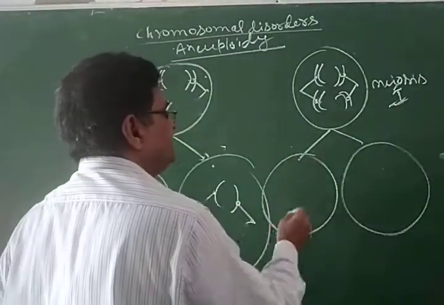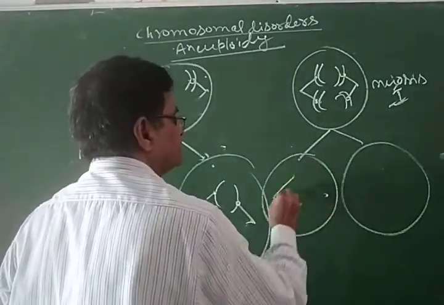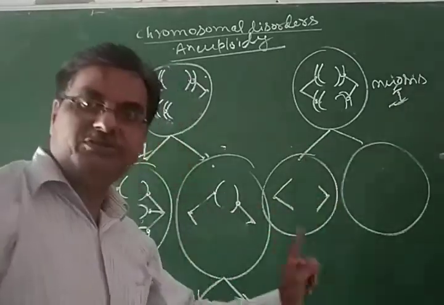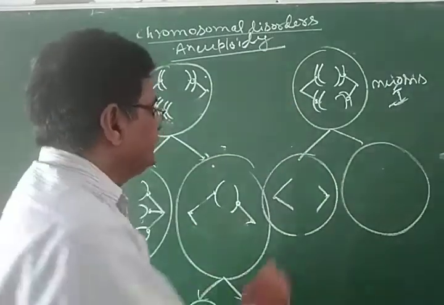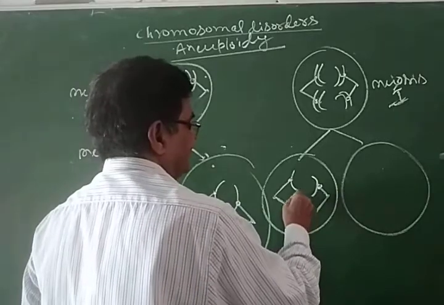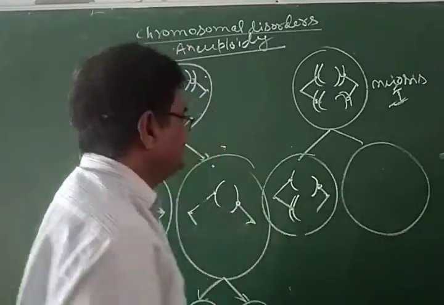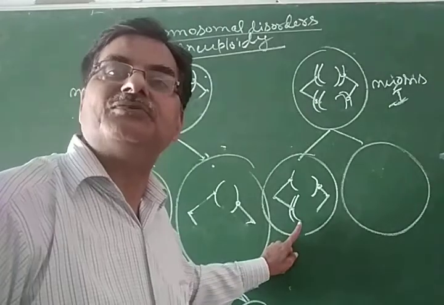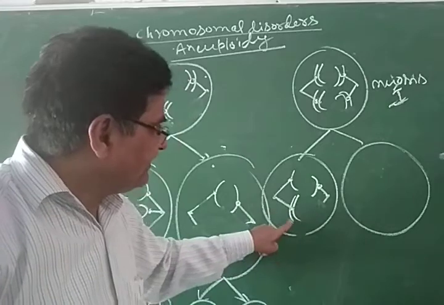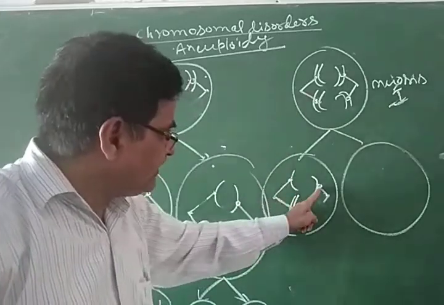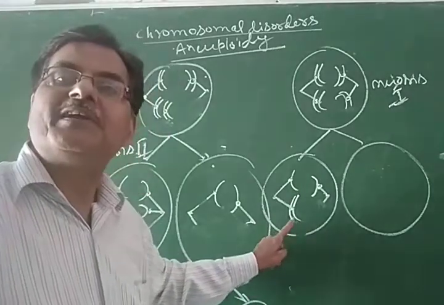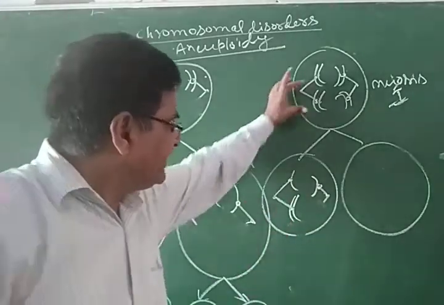What is the condition in this cell? Now you see one thing here. There is no segregation of this chromatid. In this one chromosome, the chromatids are segregated, while in the other chromosome, the chromatids are not segregated in this cell.